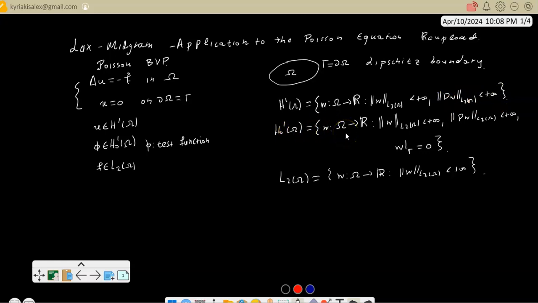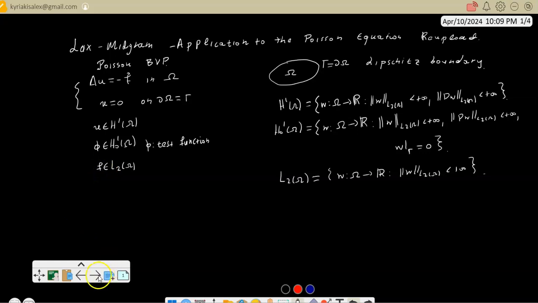H01 means that the norm of the function and the gradient are bounded in L2, and also the function vanishes at the boundary. The function space L2 is the space of square integrable functions where the norm in L2 is finite. I'm using these spaces for function u, function phi, and the function f.